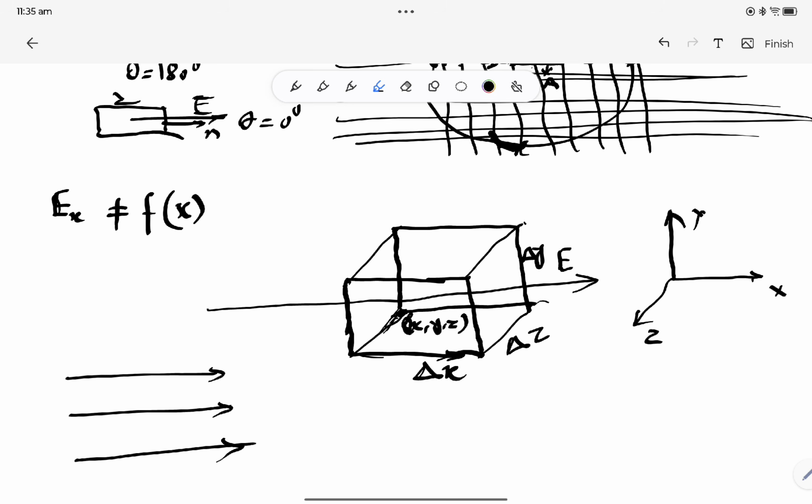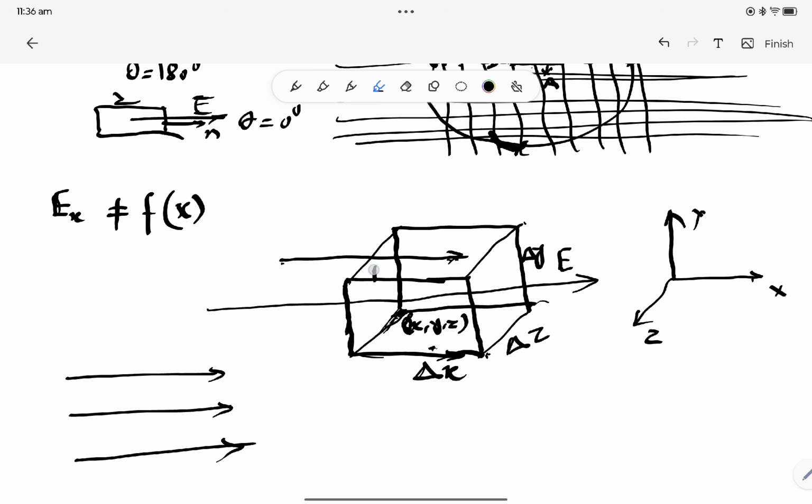Why? You can see yourself. First of all, so far as this face is concerned, the electric field line runs parallel to it, hence it does not contribute to flux. The same for this face, the front face, and the back face. It pierces through only this face.